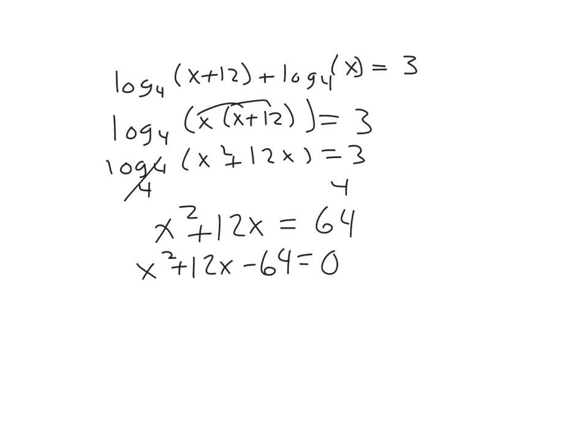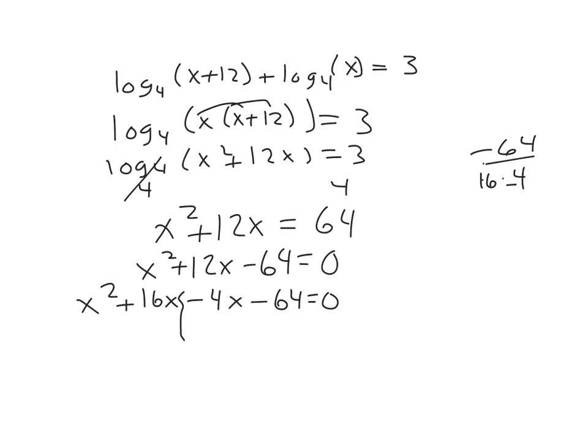Now I've got to think about negative 64, and consider what multiple will give me that positive 12 that I'm looking for. And it's actually going to be 16 times 4, and I believe it should be 16 times negative 4. So you're going to have x squared plus 16x minus 4x minus 64 is equal to 0.